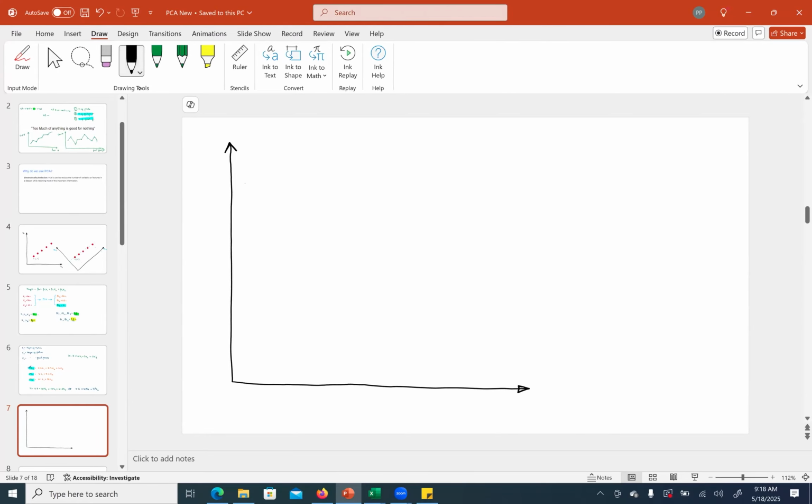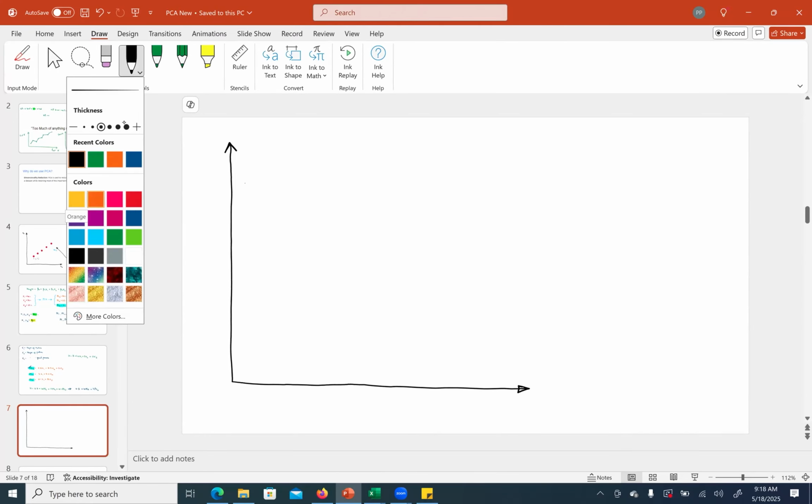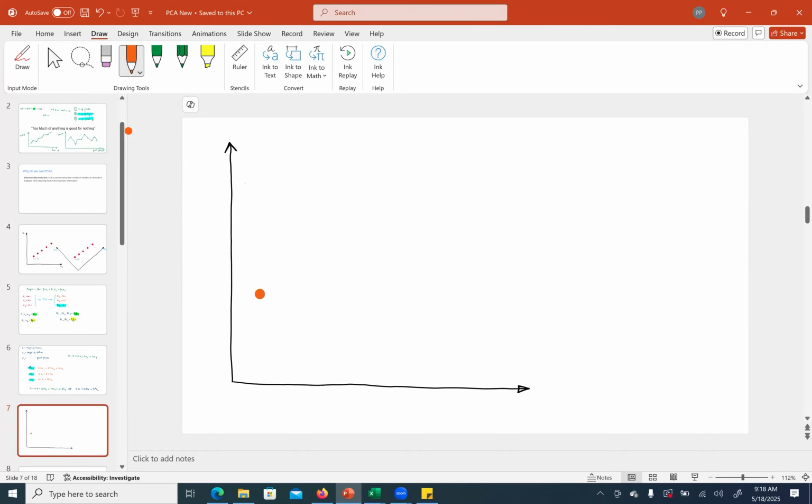Okay, now let's assume we have some data points. Okay, this is variable 1. This is variable 2.